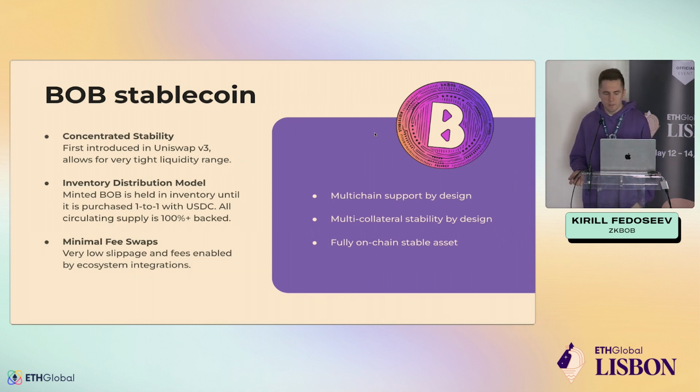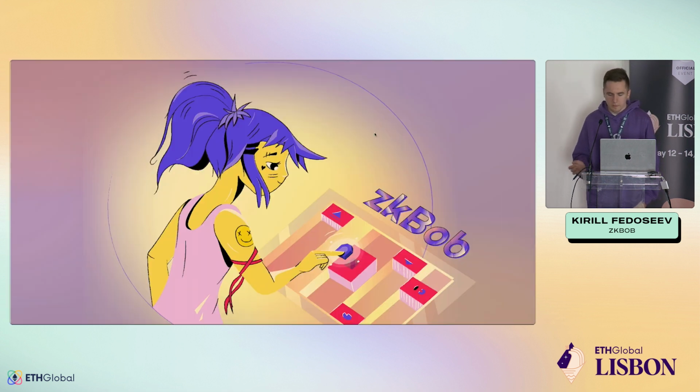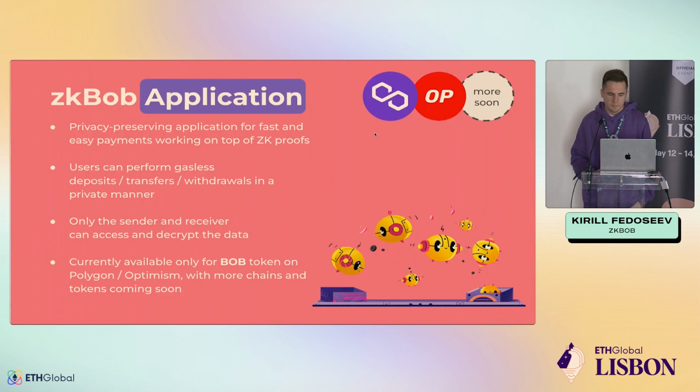The way it works currently is we are using highly concentrated Uniswap V3 and other concentrated liquidity positions to achieve this hard one-to-one peg with USDC and other stablecoins. This way, it allows you to make swaps back and forth between stablecoins and Bob with minimal fees and minimal slippage. So now let's talk about zkBob and the cool privacy features it offers to you.